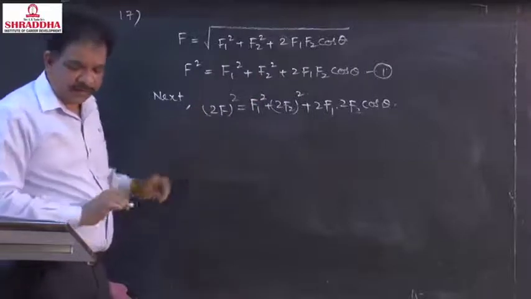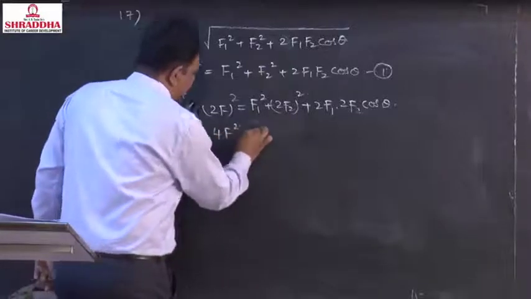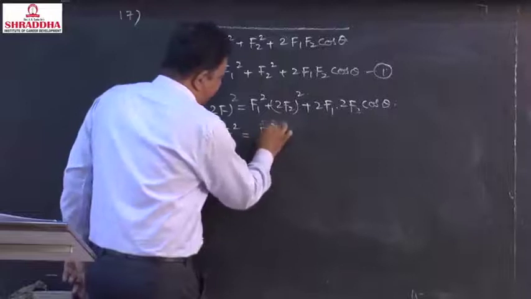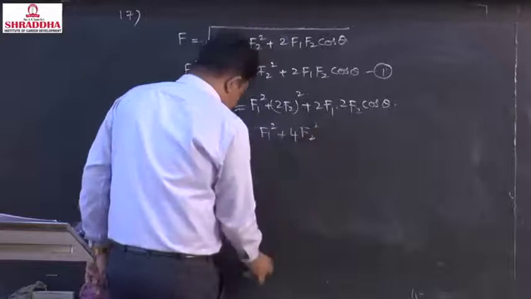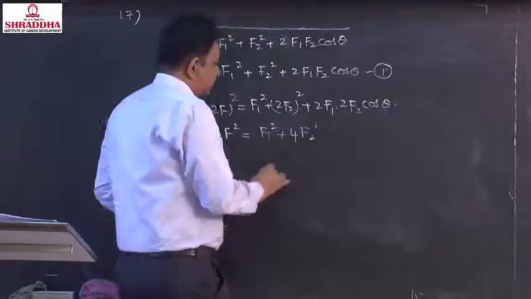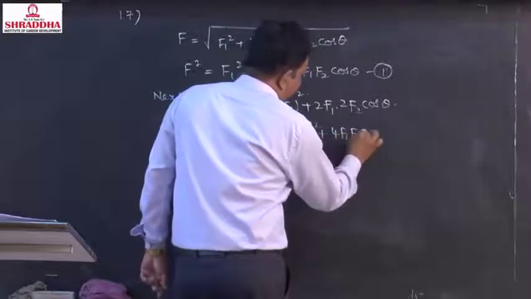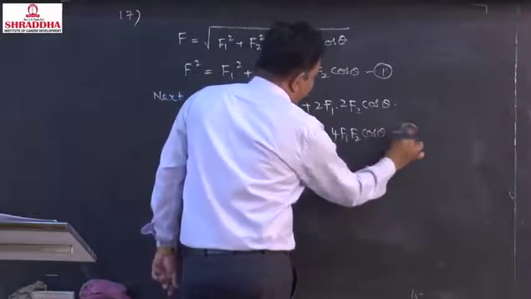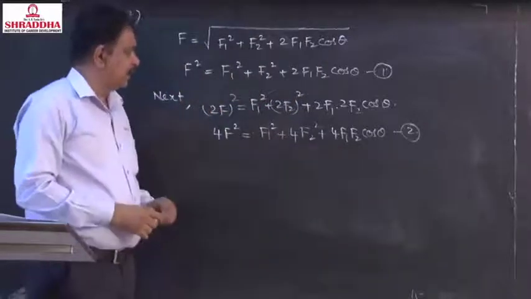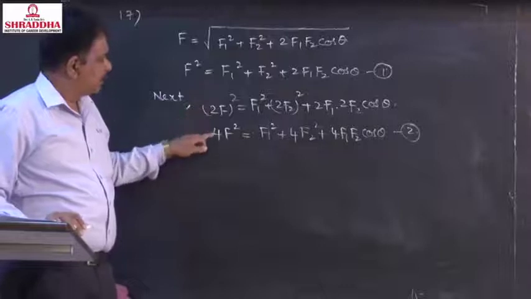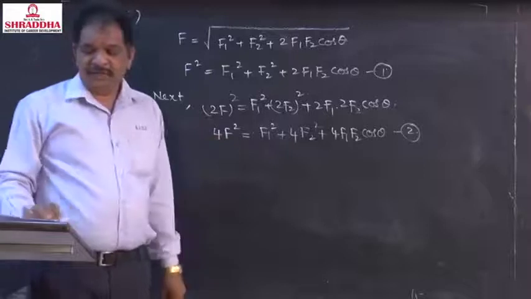If you expand this one, what we will get? 4F square is equal to F1 square plus 4F2 square plus 4F1 F2 cos theta. Let it be equation 2. Is it clear? We squared this one, we got this value. Let it be equation 2.